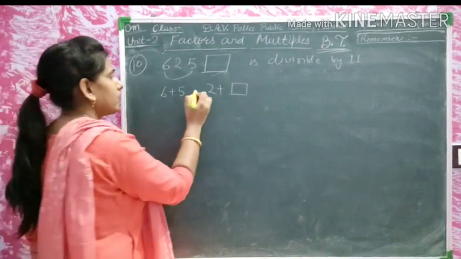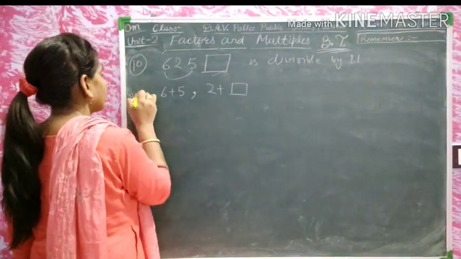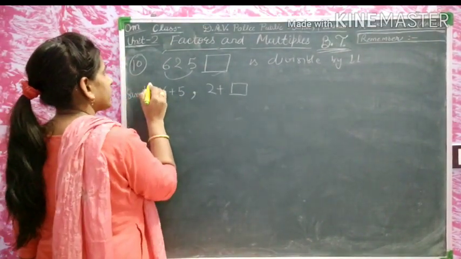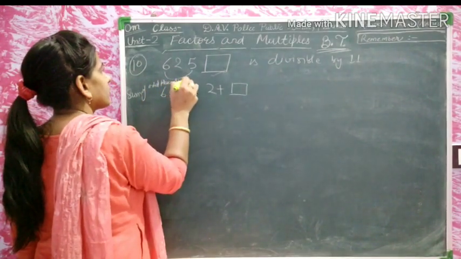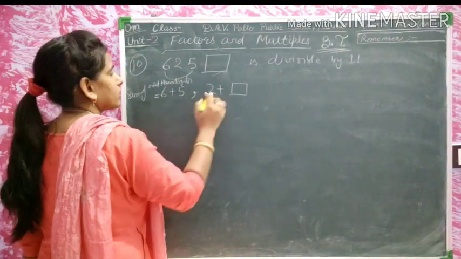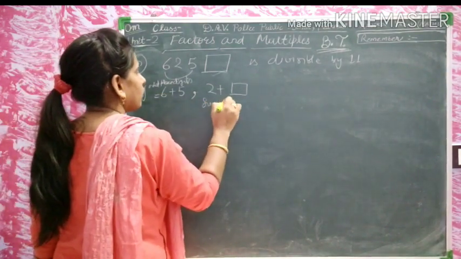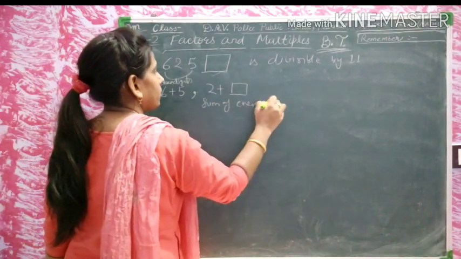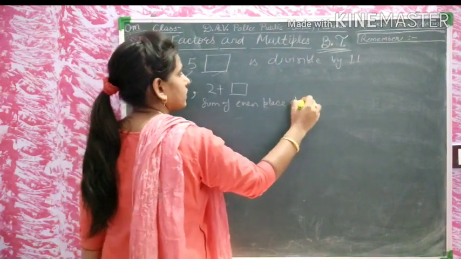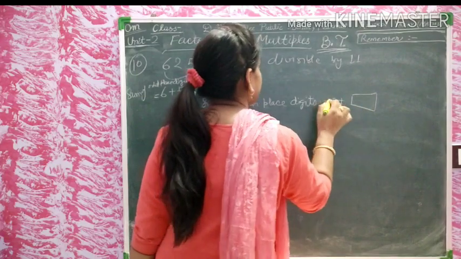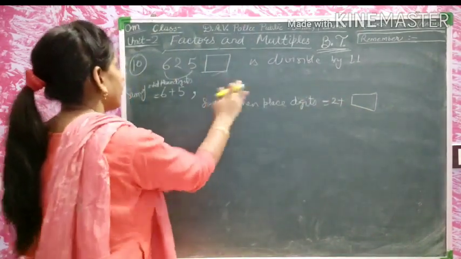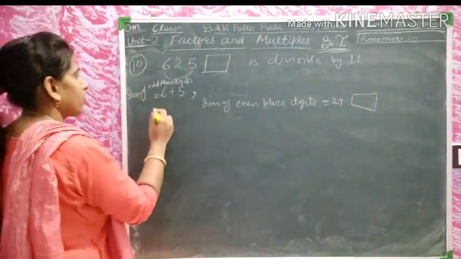This is the sum of odd place digits, and this is the sum of even place digits, which is 2 plus box. Is this clear, students?